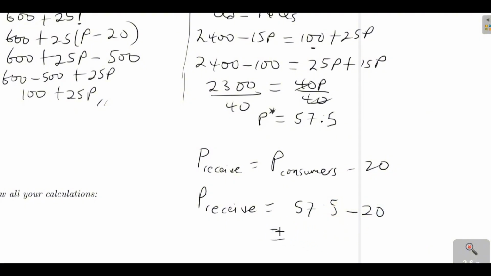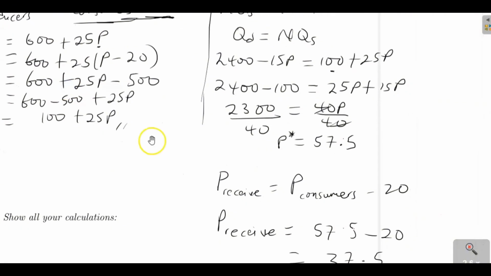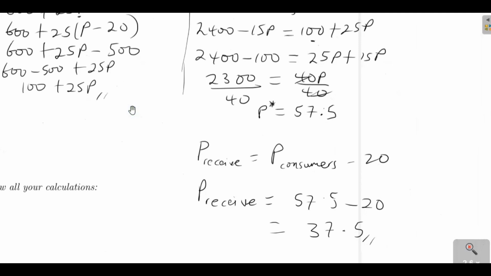Let me use my calculator here. It involves some decimals. So 57.5 minus 20 is just going to be 37.5. So the producers are going to receive this price, 37.5. Then the next thing is we need to find the new equilibrium quantity. That is what we are going to calculate.